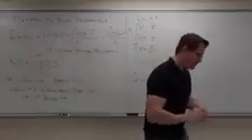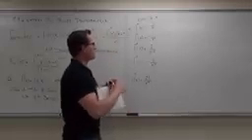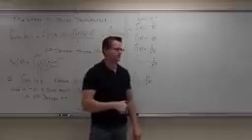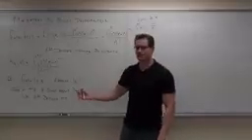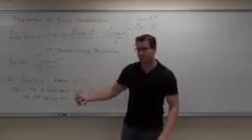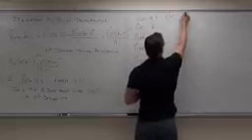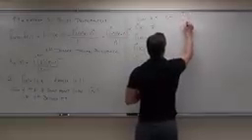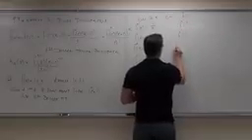Now, the next thing we did with the Taylor series, you said, all right, well, cool. What do we do now? With the Taylor series, what did you do? You plugged in C. Oh, very good. Do we have a C? What's our C? 1. So if we plug in C equals 1, then we have f of 1, and we have f prime of 1, and so forth, and so on.